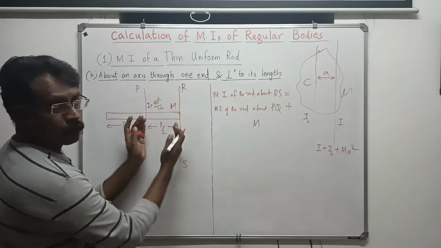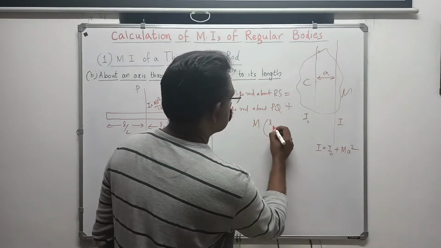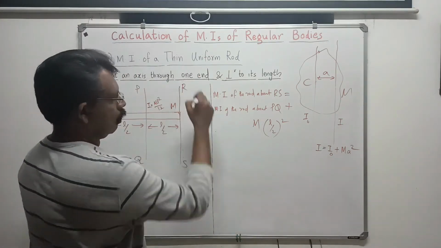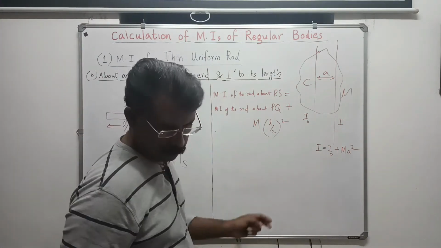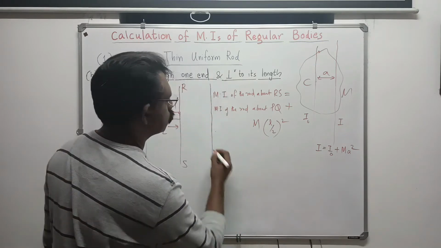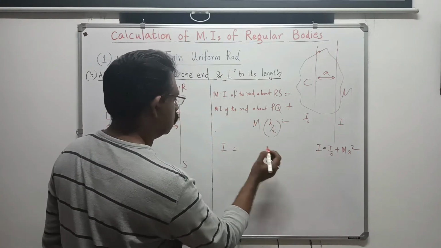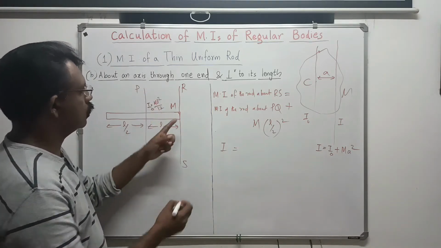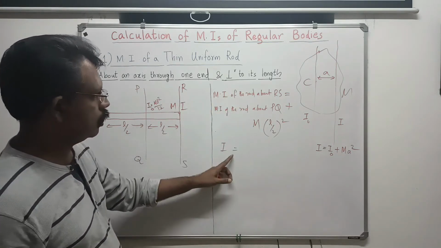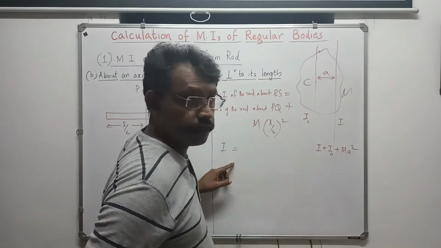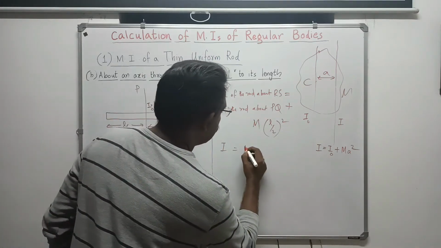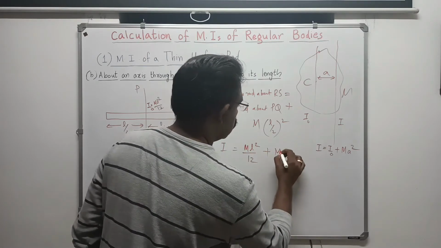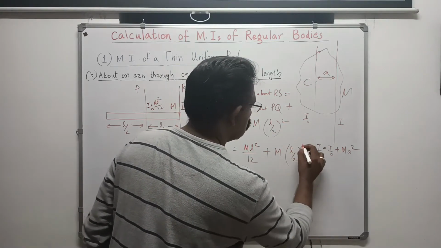The distance is L by 2, that is L by 2 the whole square. So I is equal to moment of inertia of the rod about PQ, which is ml squared by 12, plus m into L by 2 the whole square.